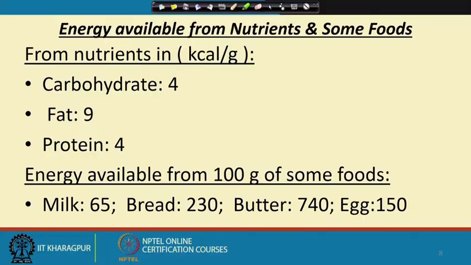So, let us look into different food items and what energy they give, right. Milk gives, per 100 gram, 65 kilocalories, bread gives 230 kilocalories, butter gives 740 kilocalories, and egg gives 150 kilocalories.